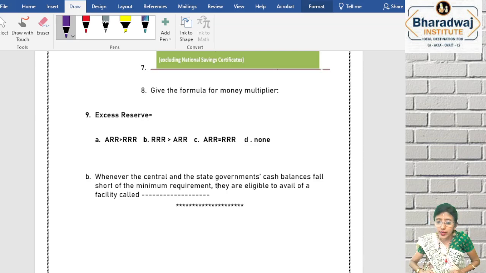Whenever the central and state government's cash balances fall short of the minimum requirement, they are eligible to avail a facility called dash.